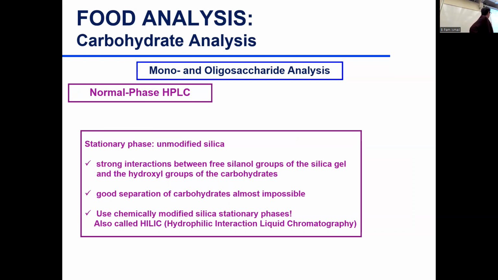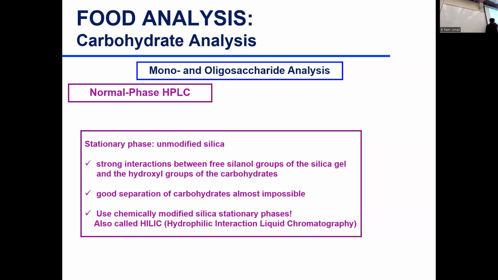We can get good separation, actually, sorry, because you have very strong interaction. If you have a lot of monosaccharides in your system, all these monosaccharides are going to interact the same way with the column and it will be hard to separate.